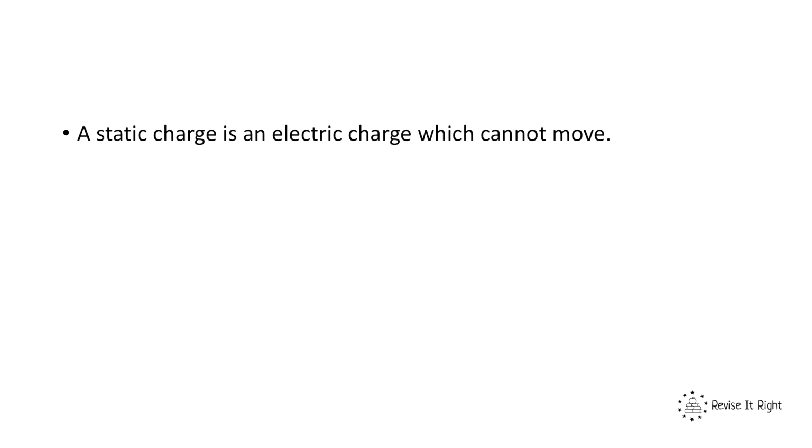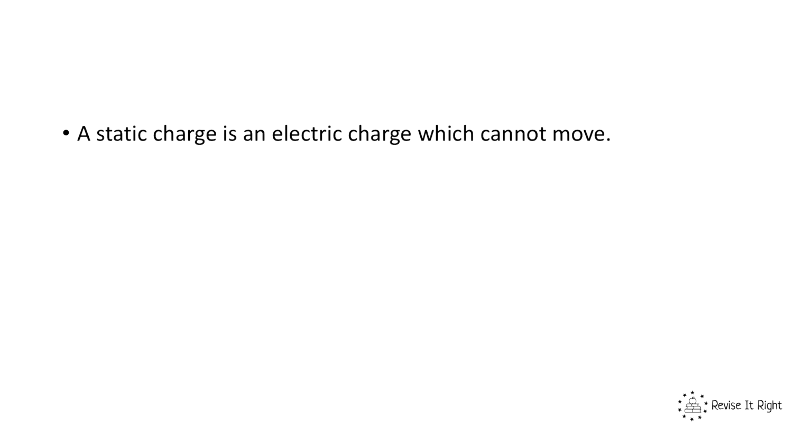So it would make sense that a static charge, a charge that cannot move, would be found mostly on electrical insulators. They can be positive or negative, and a static charge can build up on a conductor if it's isolated. In other words, if there's nowhere for the charge to go. But usually they build up on insulators, because electric charges cannot flow through insulators.